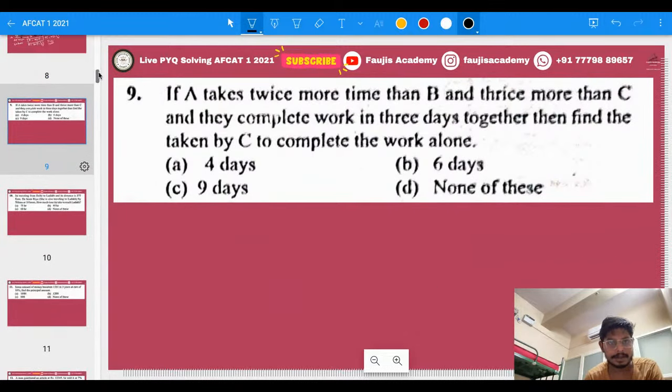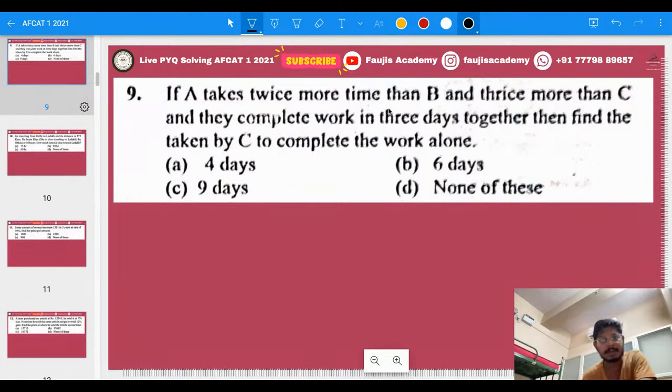All right, the next one. If A takes twice more time than B and thrice more than C, and they complete the work in 3 days together. So that means we have A, B, and C. A takes thrice more than C. So let's say C completes the work in 2x days.